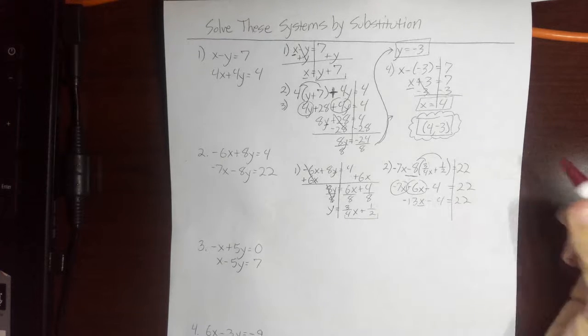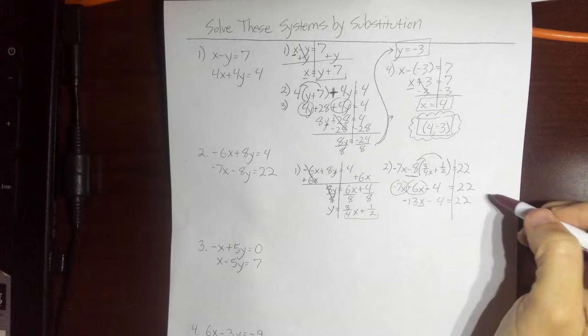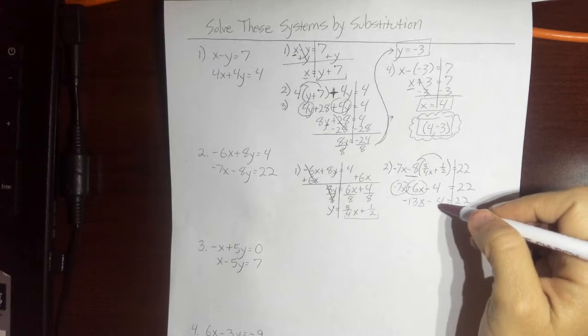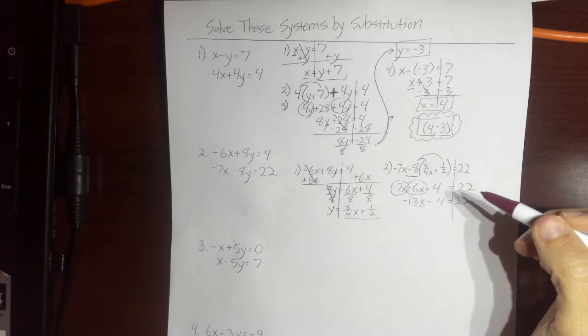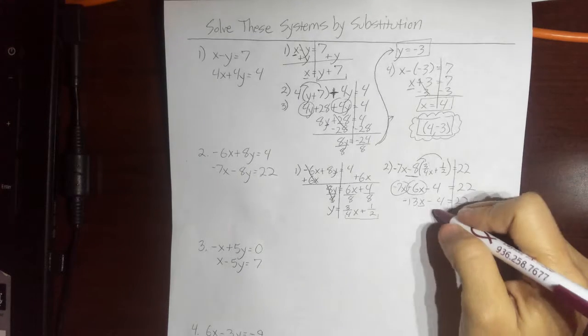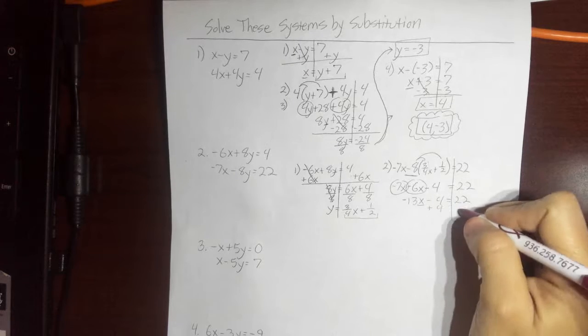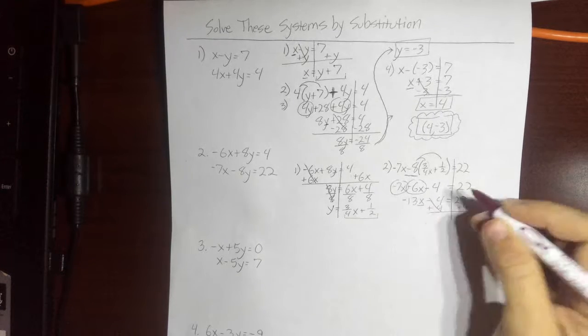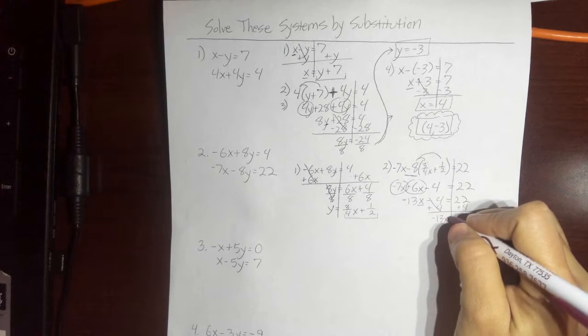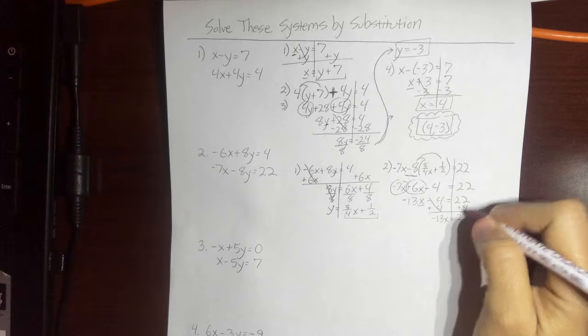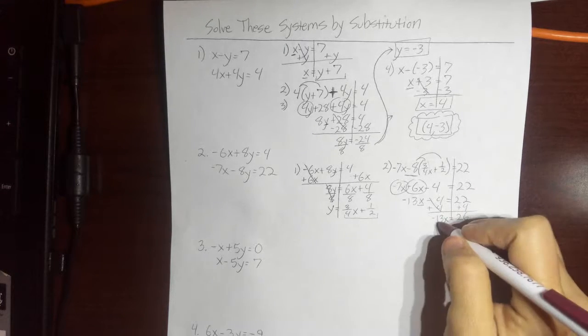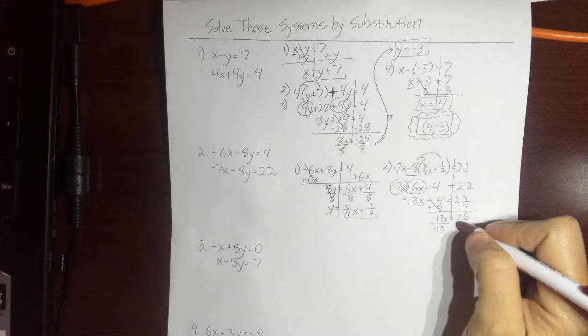If I want to solve for x, I got to get rid of both of these numbers. I'm going to get rid of the adding subtracting term first, and then your multiplying dividing number. So inverse operations means I'm going to add 4 to both sides. I'm going to have negative 13x equal to 26. Then finally I divide by negative 13.